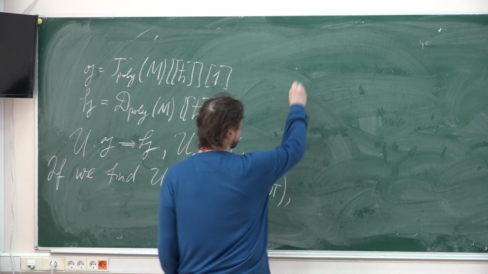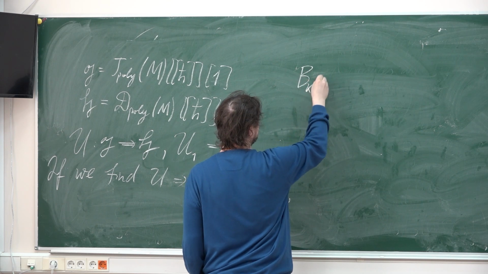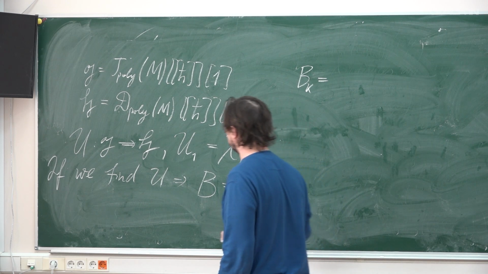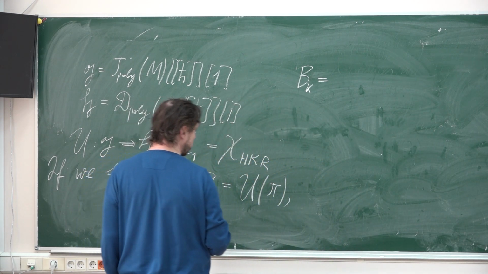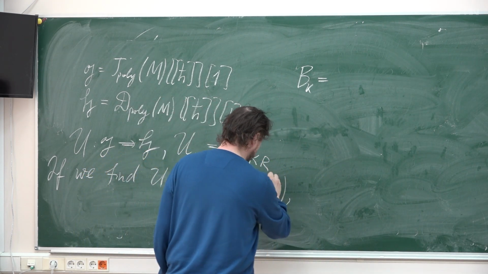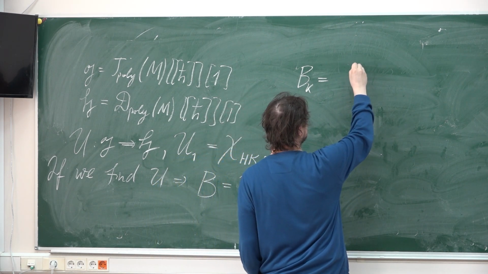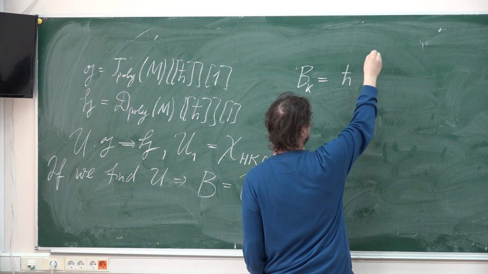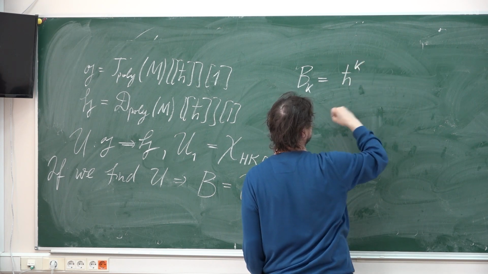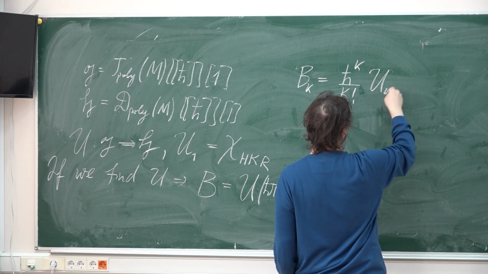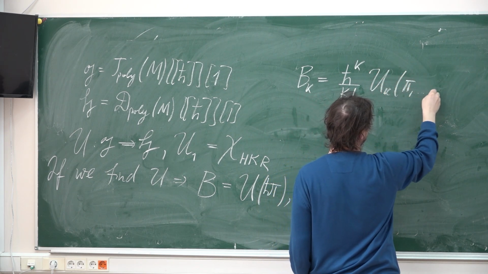That is to say, B_k will be equal to, let's put h bar here, h bar to the power k, 1 over k factorial, U_k of pi, pi.